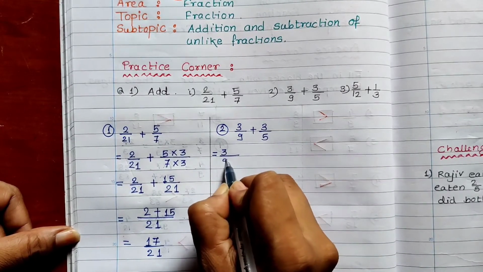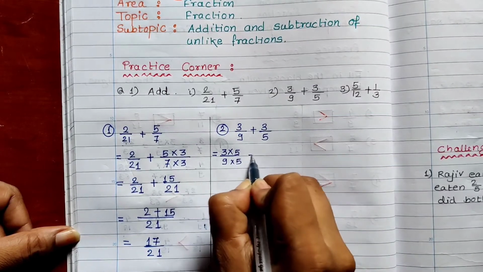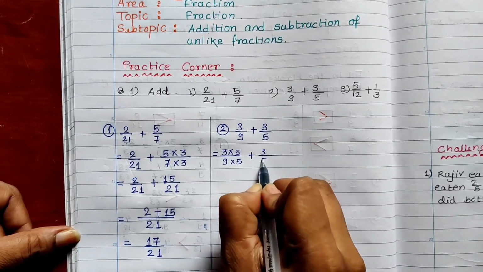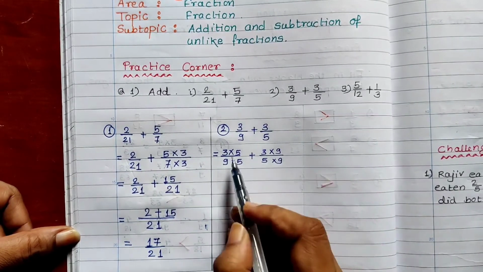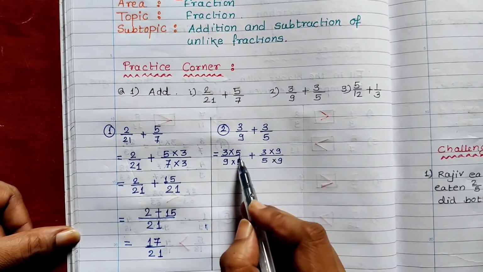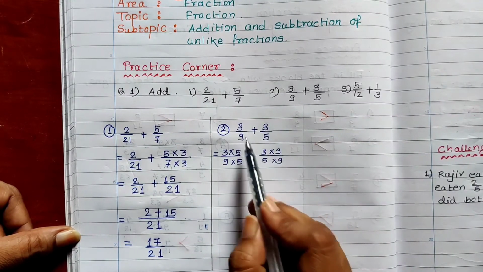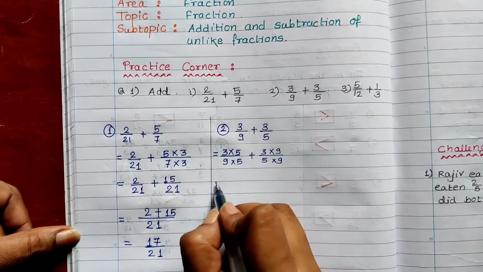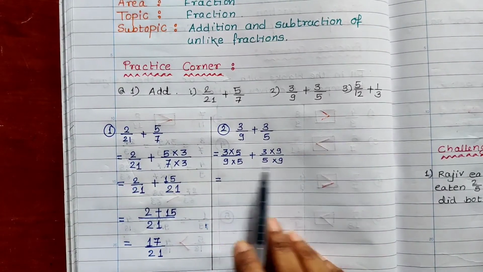So 3 upon 9 we have to multiply by 5, and 3 upon 5 we will multiply by 9. Are you understanding? We have multiplied the first fraction by the denominator of the second, and the second fraction by the denominator of the first. Now we will get equal denominators. Here we have to multiply both fractions.